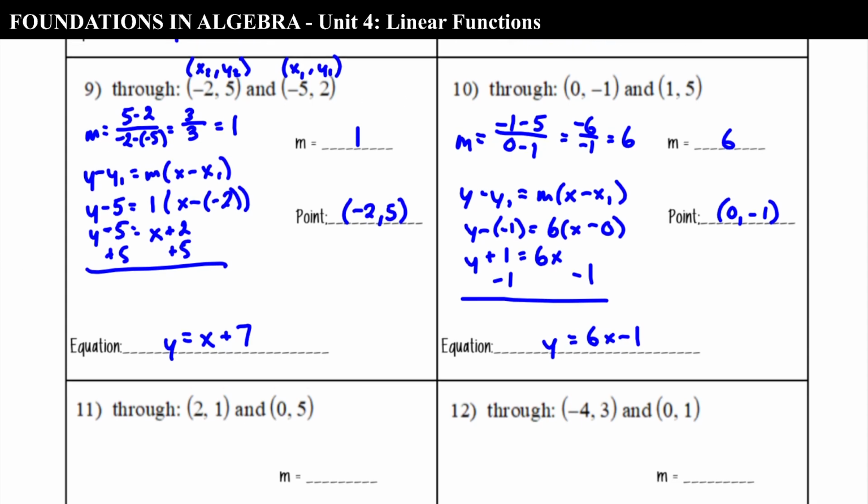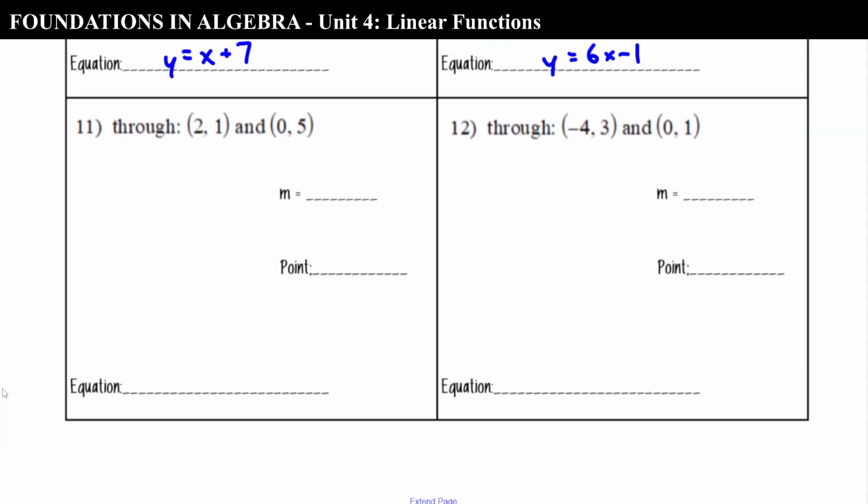All right, 2 more examples. For number 11, we have our slope being the difference in our y's, so 1 minus 5, over the difference of our x's, 2 minus 0. So that's going to give us negative 4 over 2, and negative 4 over 2 is going to give us negative 2 for our slope.